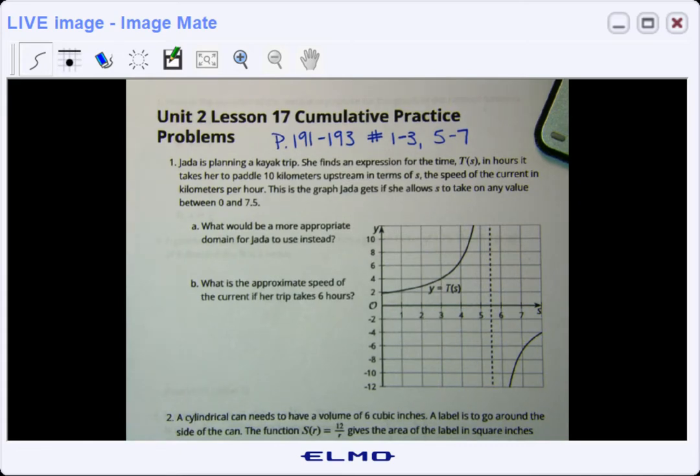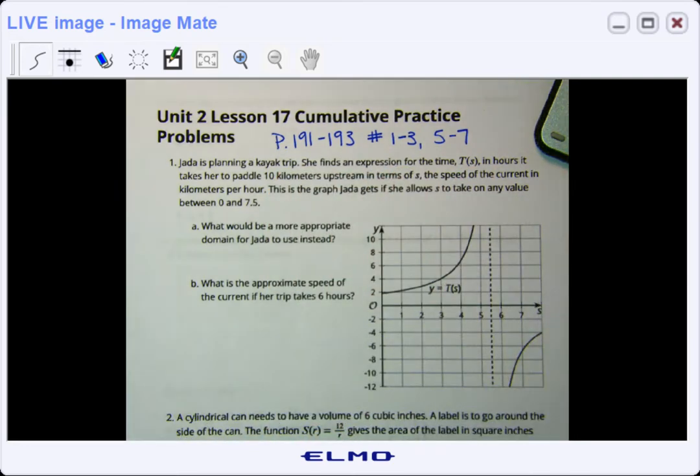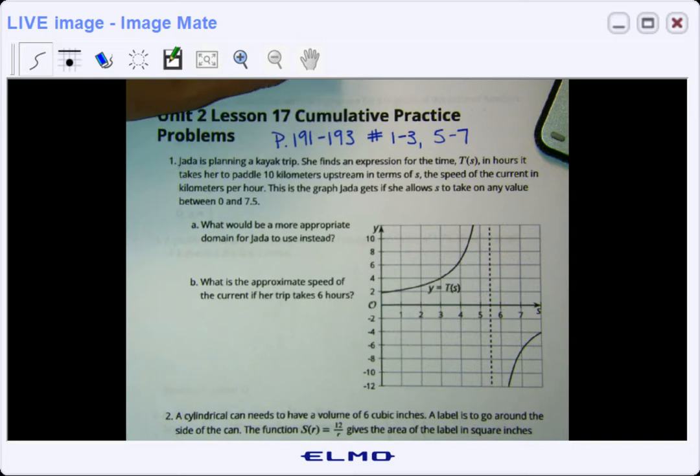Number 1, Jada is planning a kayak trip. She finds an expression for the time, T of S, in hours it takes her to paddle 10 kilometers upstream in terms of S, the speed of the current in kilometers per hour. This is the graph Jada gets if she allows S to take on any value between 0 and 7.5.